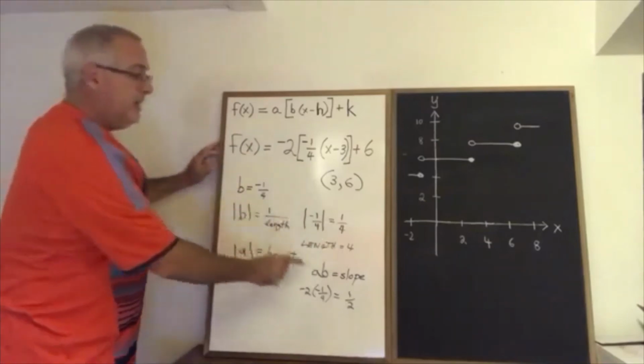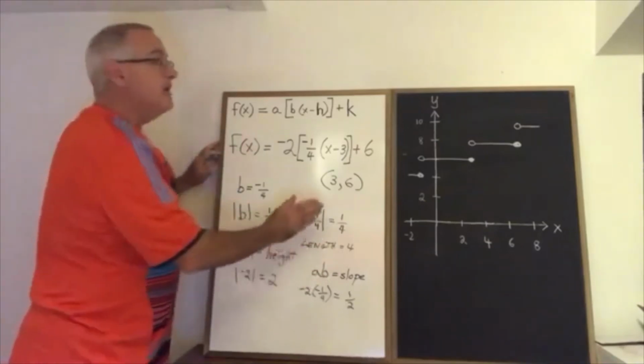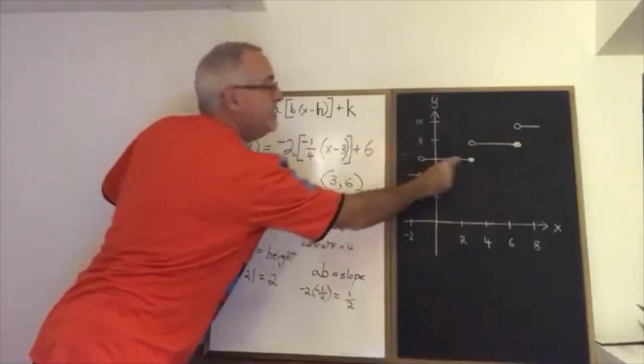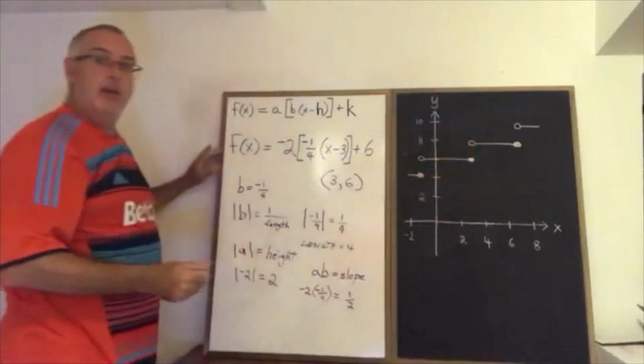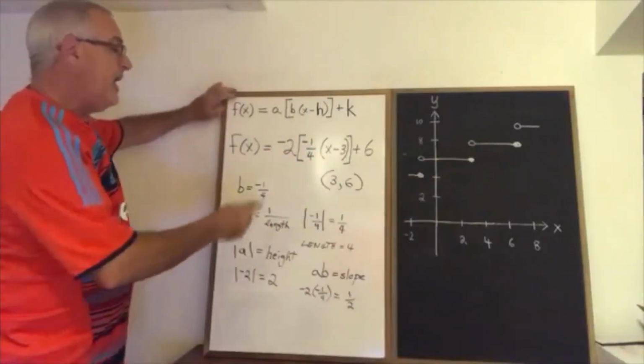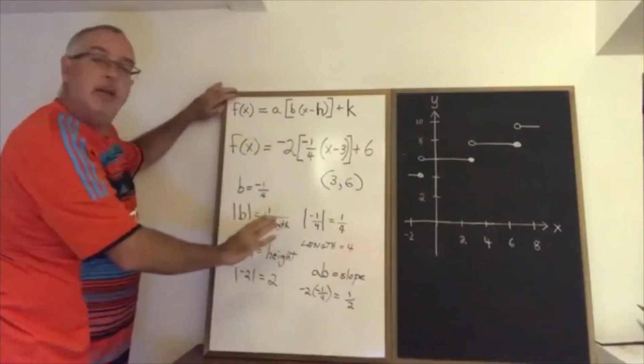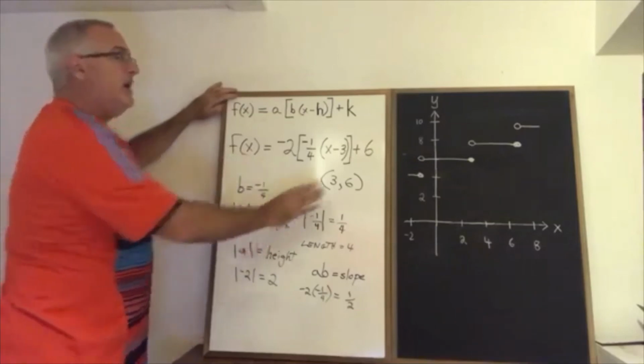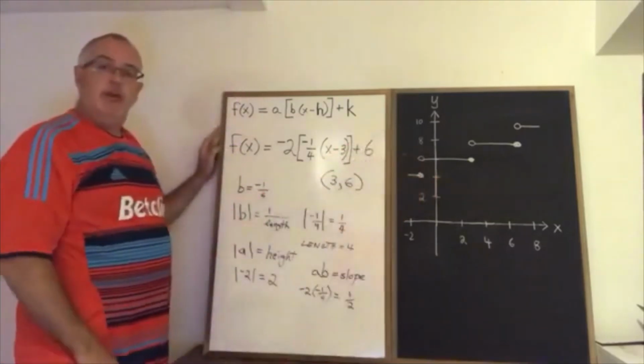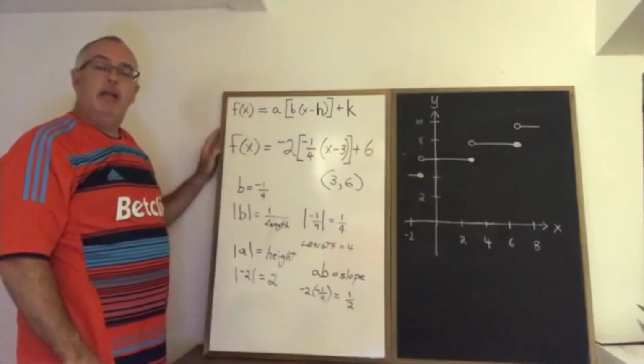And I use b multiplied by a to find out the slope that's made by these closed circles in the curve. I also use a to find out the height. And once I have done all of those things, I have all the information I need to complete drawing my step function graph. That is today's Daily Dose of Math.